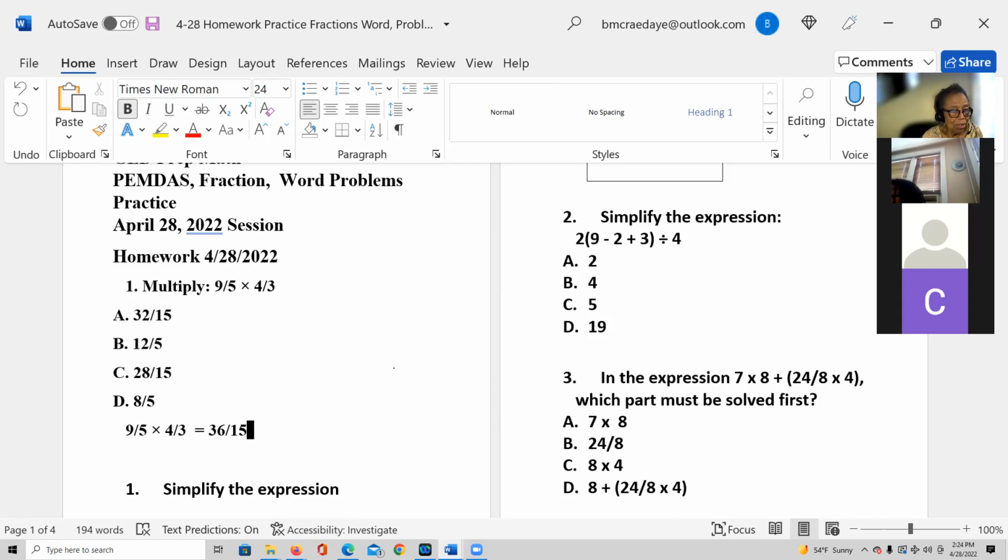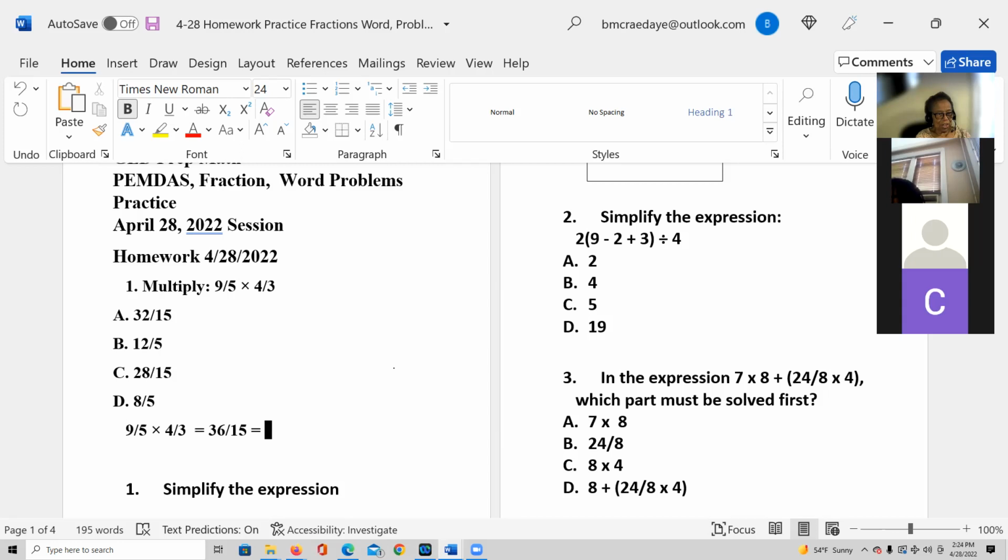And what is that, Maureen? 36 over 15 is equal to what? Let's see. If you simplify it, what do you get? Divide 36 and 15 by the same number. Okay. What would that number be?